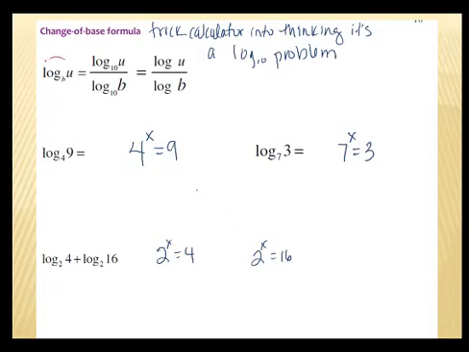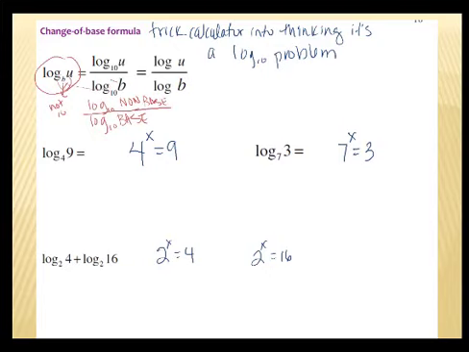So what we're going to do is take any problem where the base is not 10. And then we're just going to write a division problem and make the bases 10. You have 2 numbers in the original problem. You've got the base number and then the non-base number. So the base number is going to go along the bottom here. And then the top number is going to be your non-base.